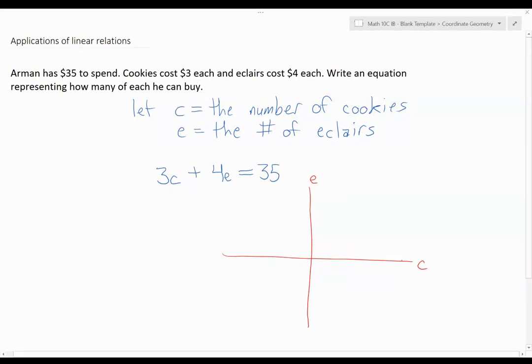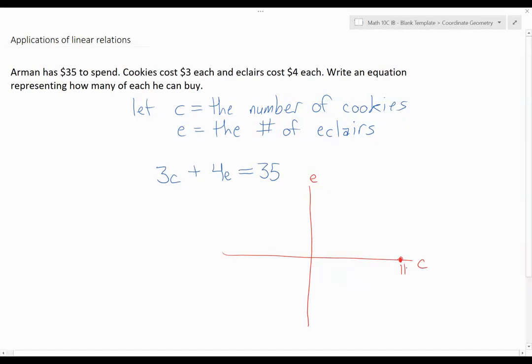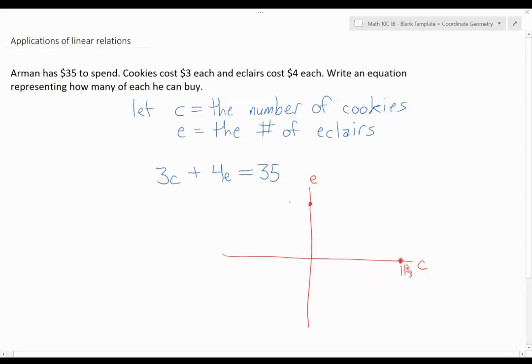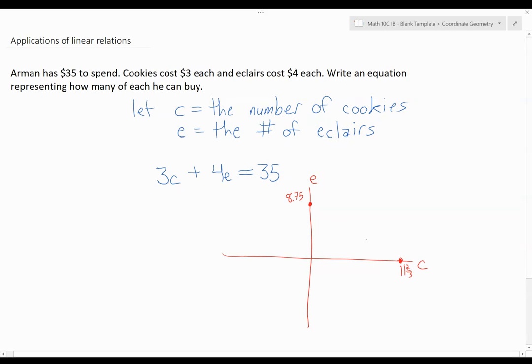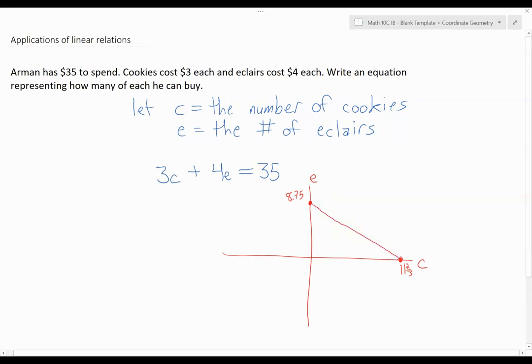Now, obviously, that's not a possible solution, but I'm going to put 11 and 2/3 would be kind of here. And if you bought all eclairs, so 0 cookies, 35 divided by 4 would be 8.75. So those are the two intersections with the axes. And if I connect them, any point on this line is a possible solution.